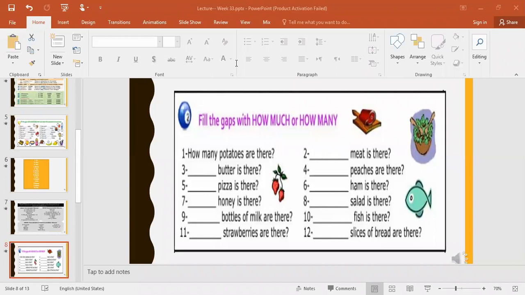I'm gonna write anyways. So this is used for uncountable. I'm not going to write the whole word. Uncountable. And this is used for countable.